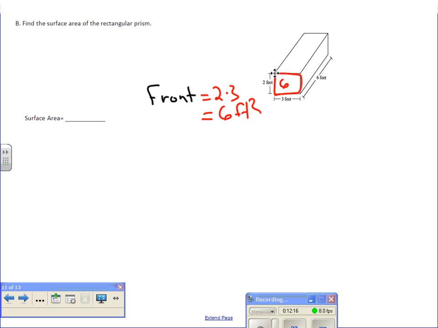So now we're going to go ahead and look at the side. So that'll be 6 feet by the 2 feet up and down. We'll call that side. That'll be 6 times 2, or 12 feet squared. All right. And then finally, I need the top. So that'll be 3 feet by 6 feet.